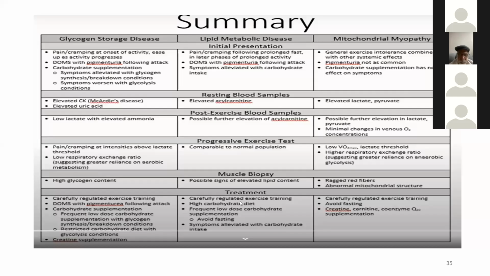As regards lipid storage, we stress a low fat diet and high carbohydrate diet. About the mitochondrial myopathy: carefully regulated exercise training, avoid fasting, maybe creatine or coenzyme Q supplementation.